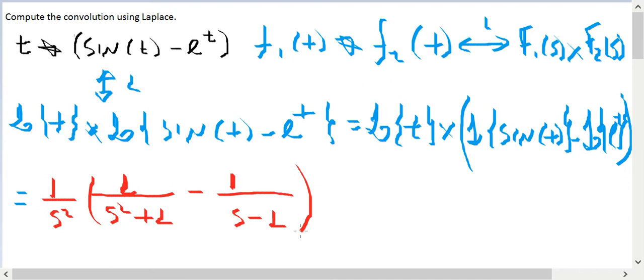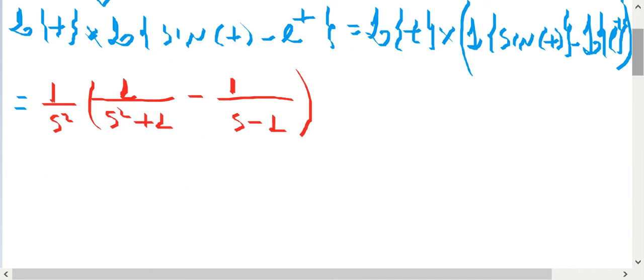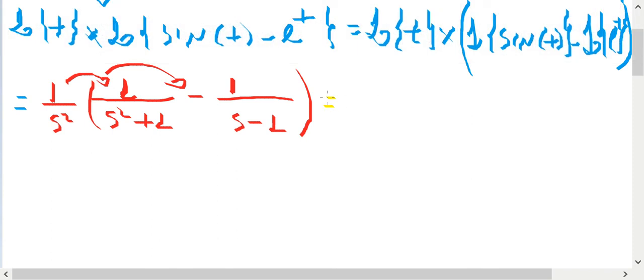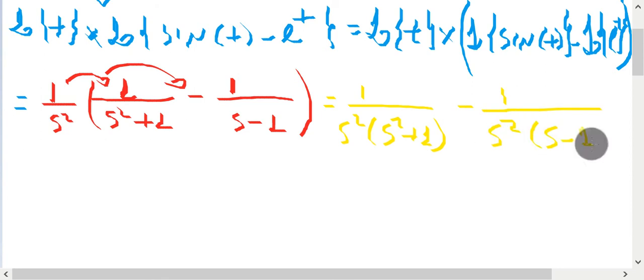Now we need to simplify our equation to apply the inverse of the Laplace transform. So first of all, we are going to distribute 1 over s squared in these two terms. That will be equal to 1 over s squared times s squared plus 1 minus 1 over s squared times s minus 1.